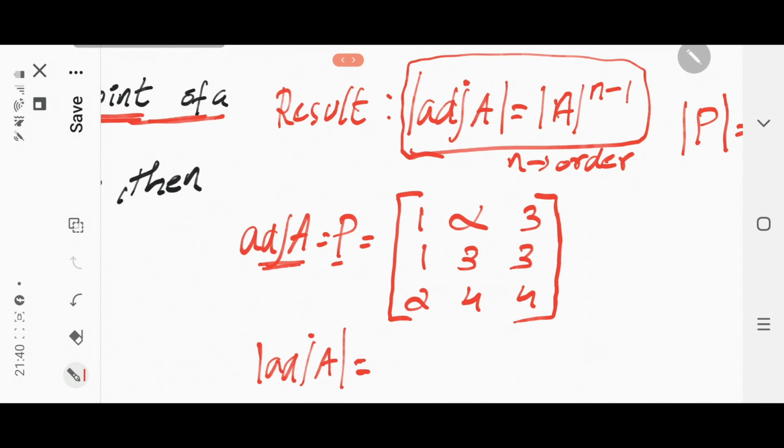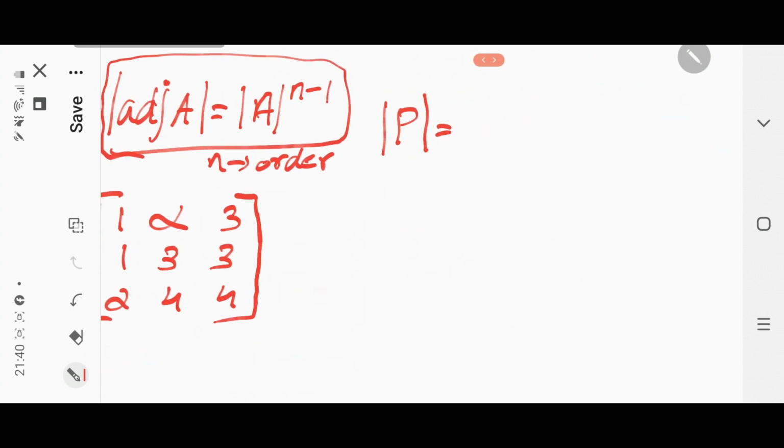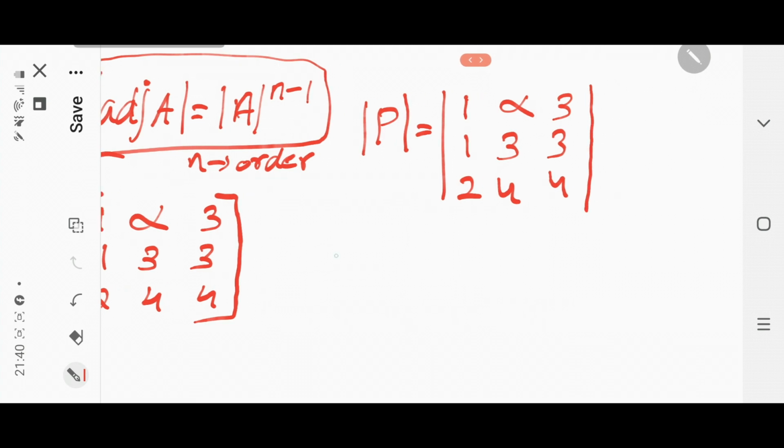P is the adjoint of the matrix, right? Then if you take the determinant of P, P is 1 alpha 3, 1 3 3 and 2 4 4. In order to find the determinant of a 3 by 3 matrix by expanding the first row: take 1, remove its row and column, and you write 3 3 and 4 4.